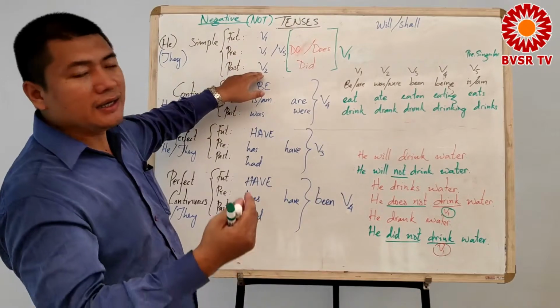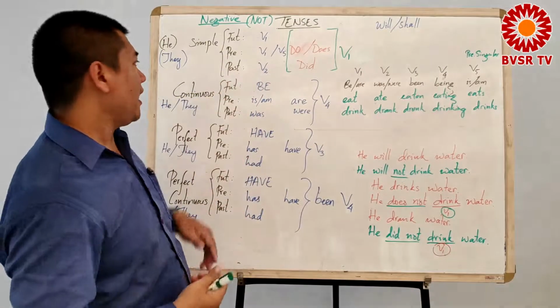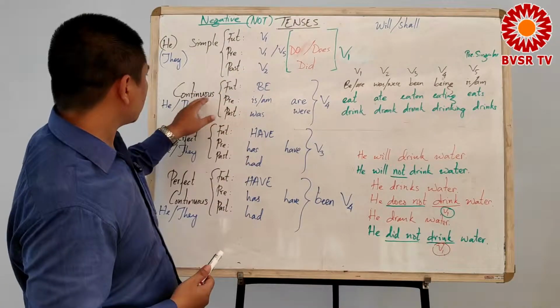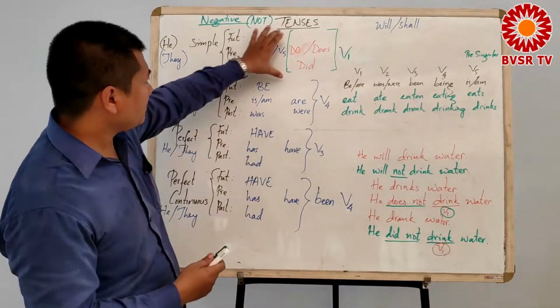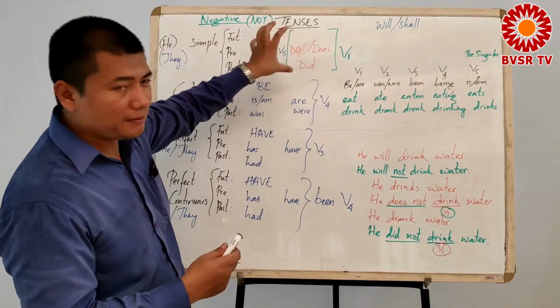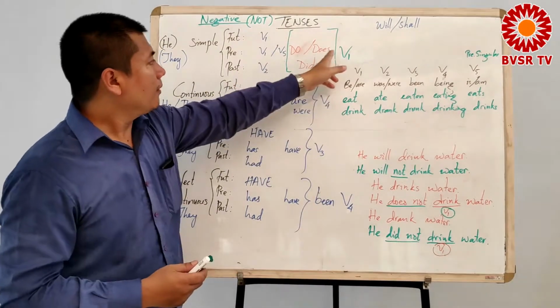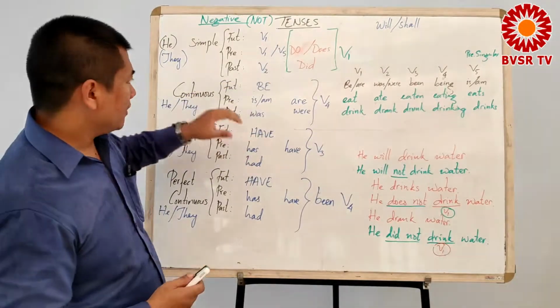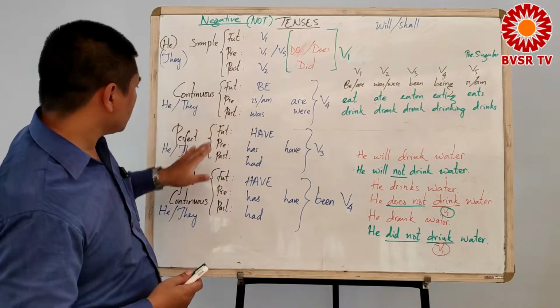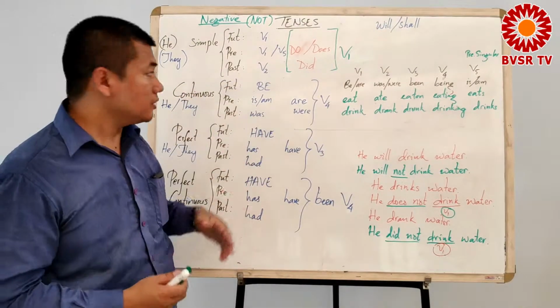And the negative will be they did not eat apple. In the continuous tense and the rest of the tenses, negative sentences are very simple. Except this, when we use the do family, it is a little bit confusing with the main verb and the other helping verb. Otherwise, continuous and perfect continuous will be very, very simple now.